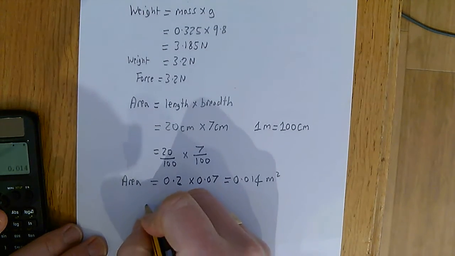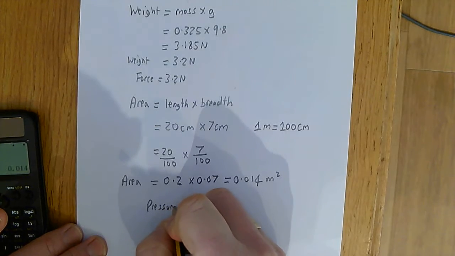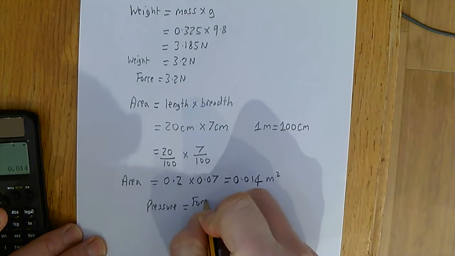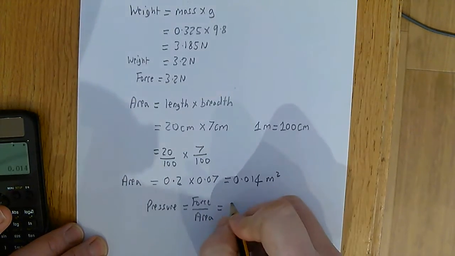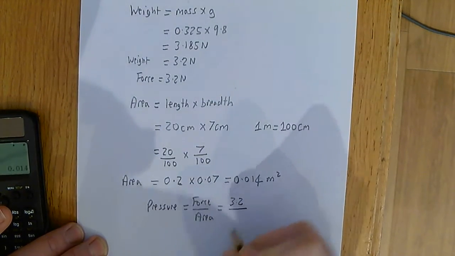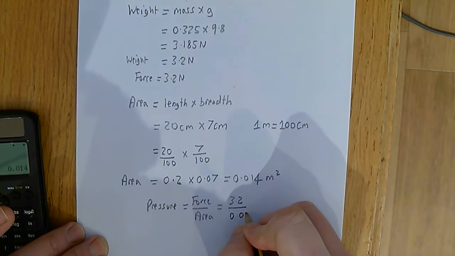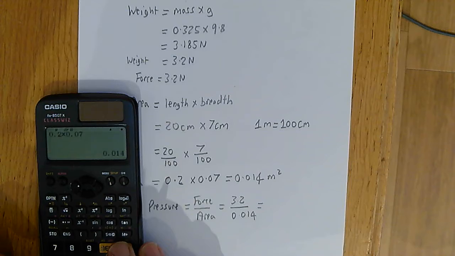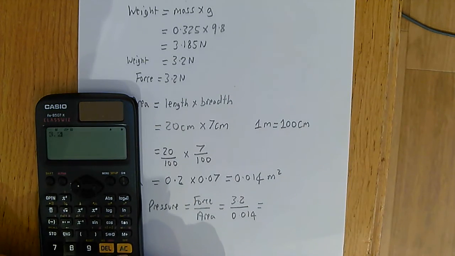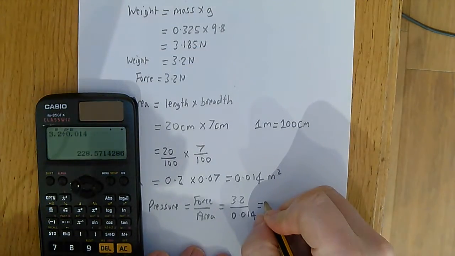So the last step is to work out the pressure, which is the force divided by the area, which is our force of 3.2 newtons divided by 0.014 meters squared, and 3.2 divided by 0.014 gives us our answer.